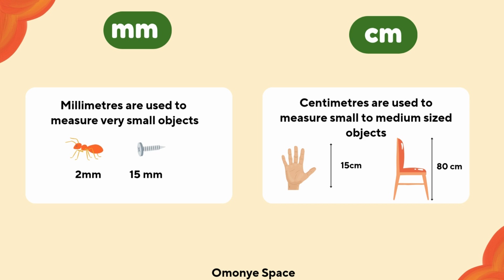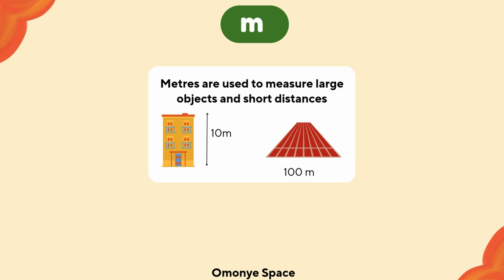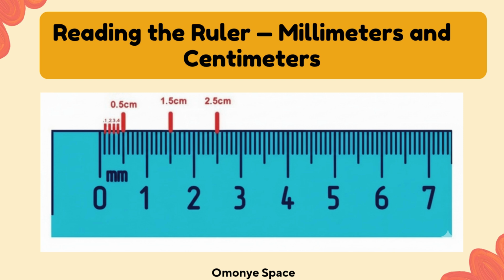We also have examples of small to medium-sized objects that we could measure in centimeters, just like the hand and also the chair. Meters are used to measure large objects and short distances. You can see objects that are large, like the house, and large distances that we can measure in meters.